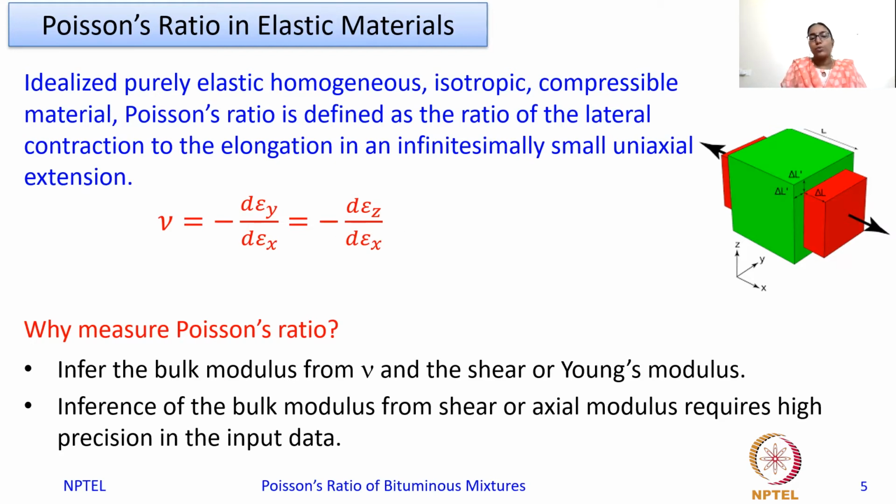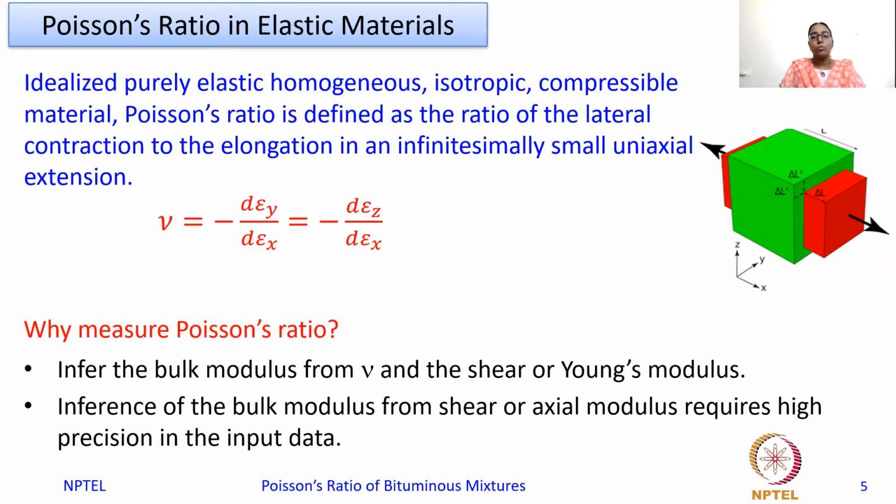Now, why do we normally go for measuring this Poisson's ratio? Because as far as the material is concerned, we will be interested in finding its various constants such as the shear property, the modulus, and also the bulk properties. It is very easy to infer the bulk properties or the bulk modulus knowing the shear or the Young's modulus and the Poisson's ratio rather than measuring the bulk properties for a material.